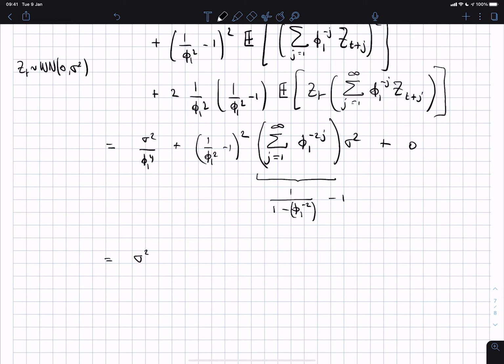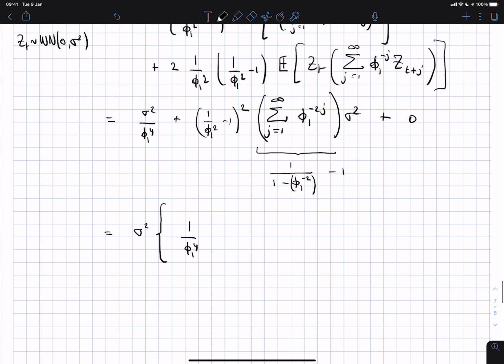So I have the sigma squared, which I take out. I have 1 over phi 1 to the power 4. What do I have? I have phi 1 to the power minus 2, minus 1 squared.